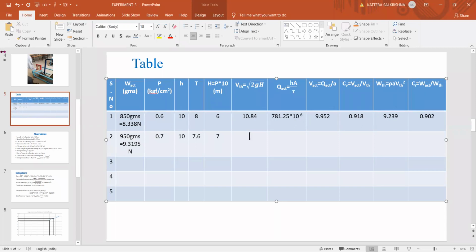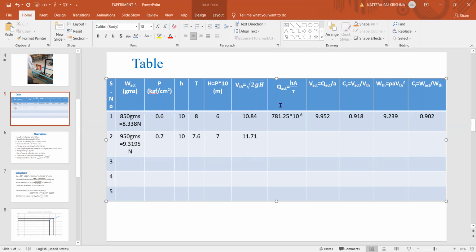Yes, please calculate V theoretical value. 1.71. Okay, Anish. Next, Avinash, 364.